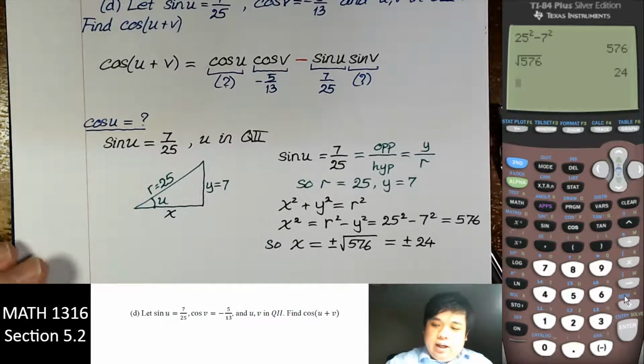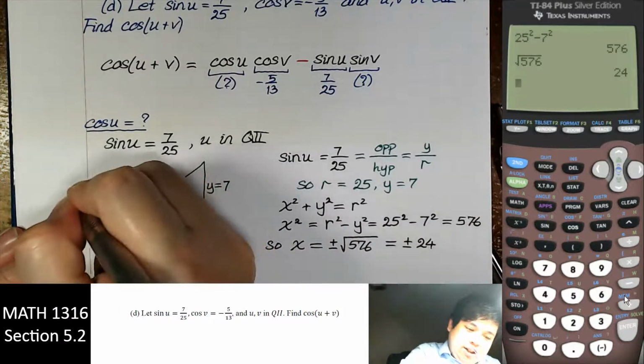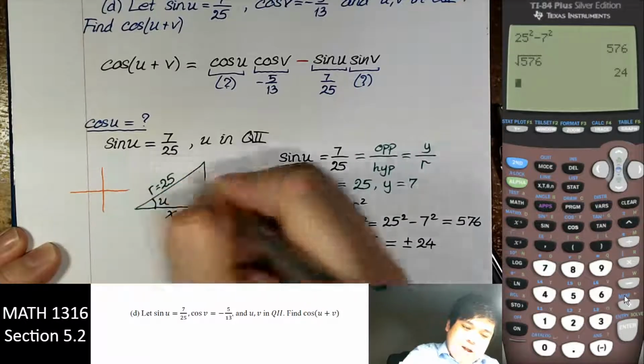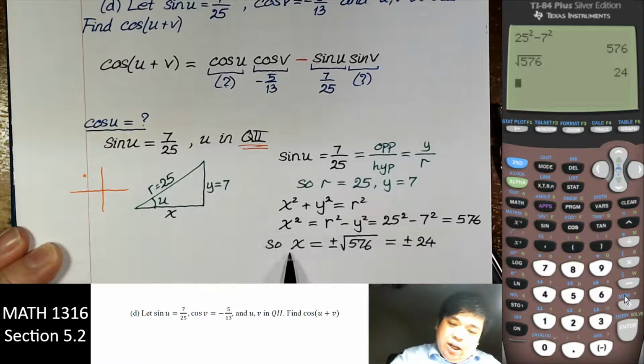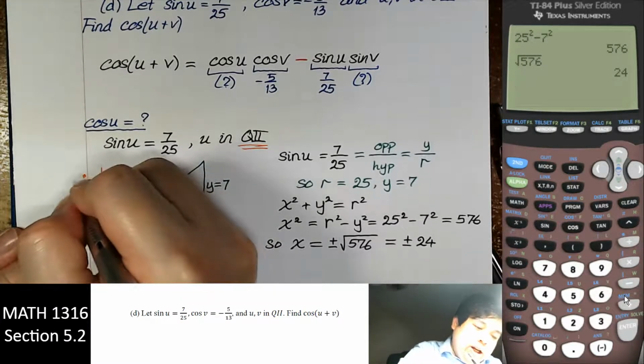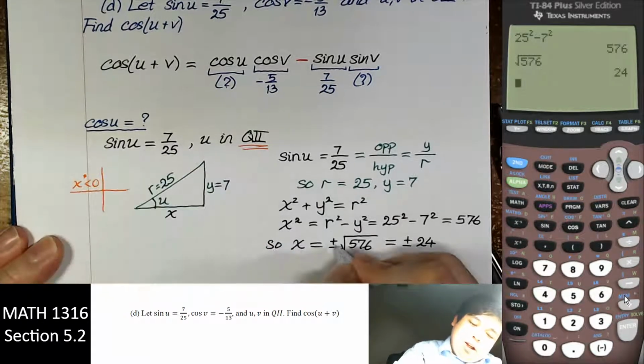Right, and then in quadrant 2, the x value of a point in here is negative, so we choose negative.